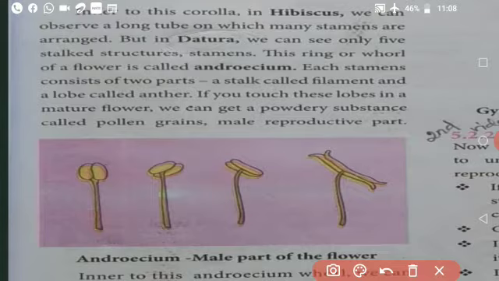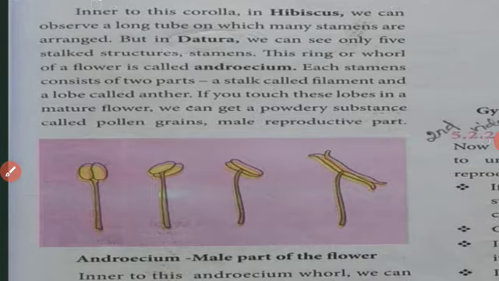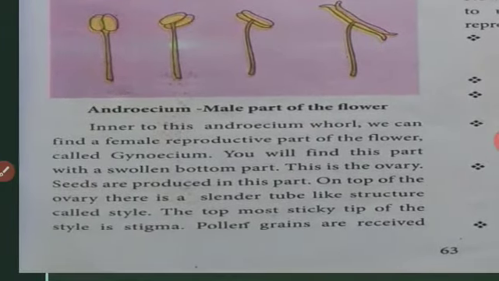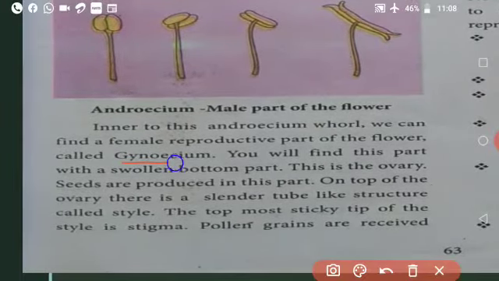Inner to the androecium, we can find the female reproductive part of the flower called the gynoecium. You will find this part with a swollen bottom part, which means the bottom part is large in size.